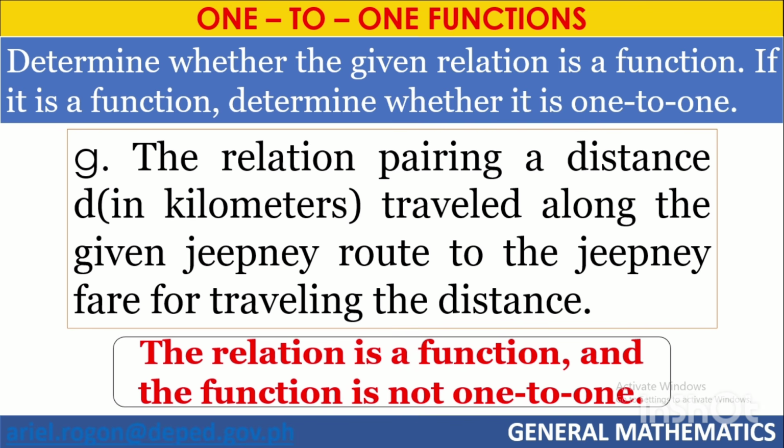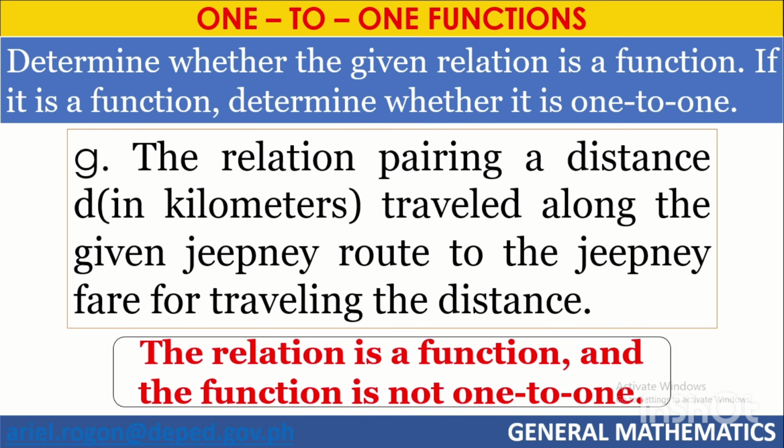Halimbawa, class, pag taga Caloocan ka, pupunta ka ng Blooming Treat or let's say papunta Monumento, and then from Monumento to Blooming Treat, ang pamasahe doon ay 8 pesos pa rin. Pag galing ka naman ng Arpapa, papuntang Blooming Treat, 8 pesos pa din ang pamasahe.